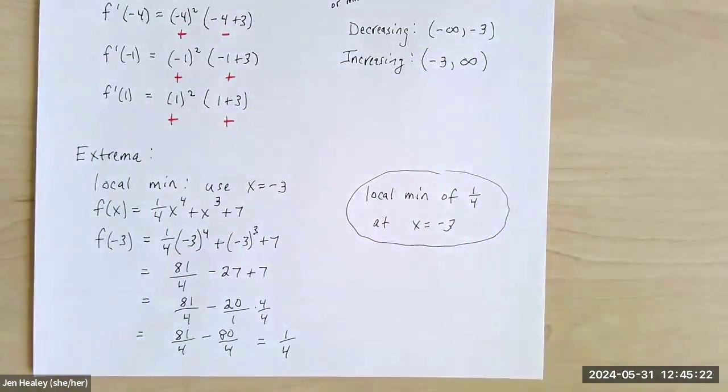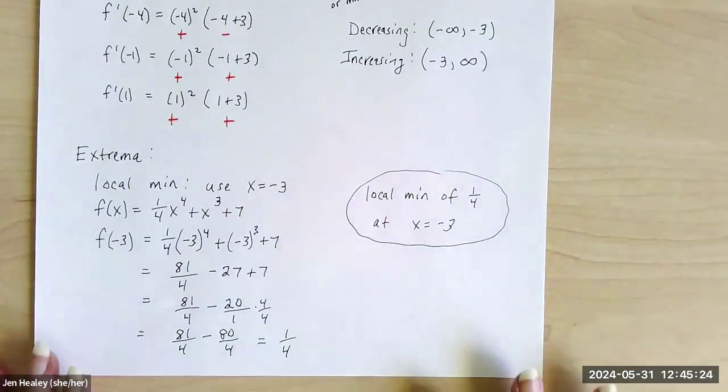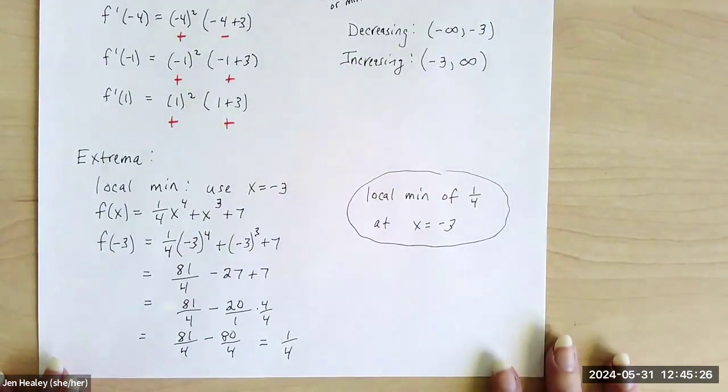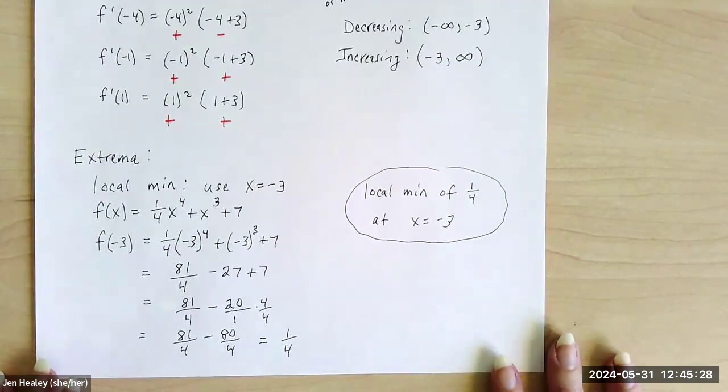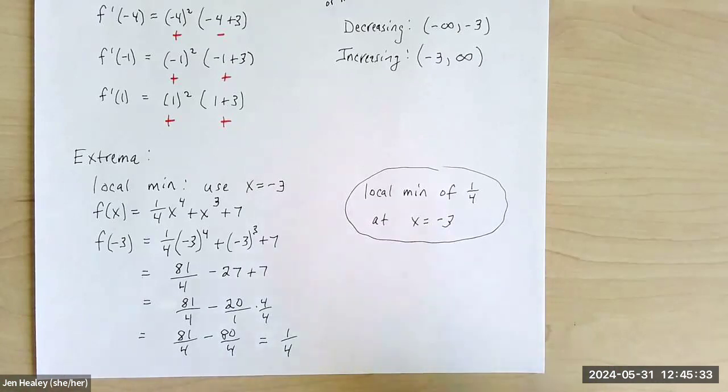Is that okay? That's our first derivative test. First derivative test is used for our increasing and decreasing regions and to tell us about our extrema. After that, we need a second derivative to tell us more about the graph.